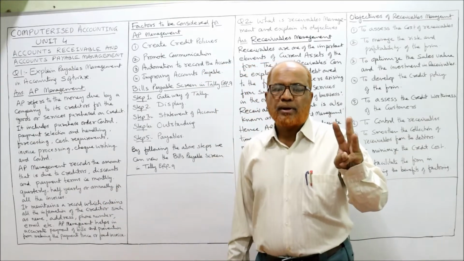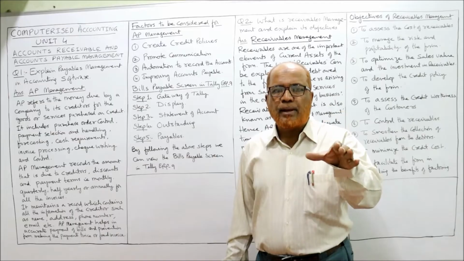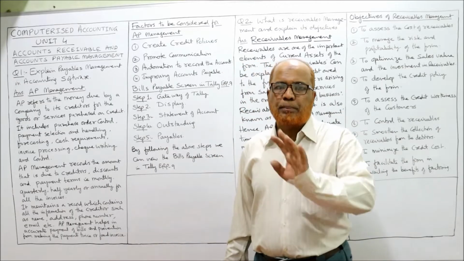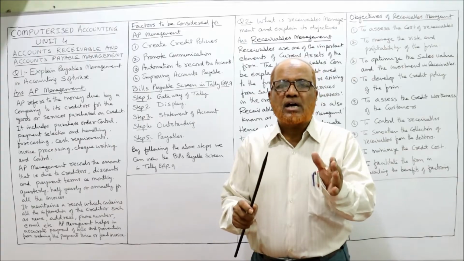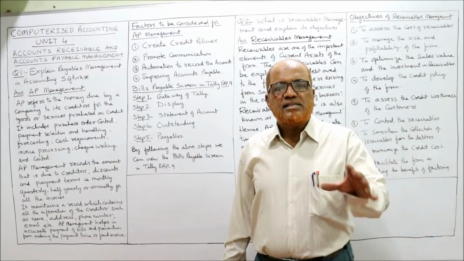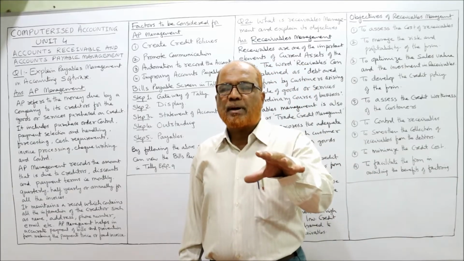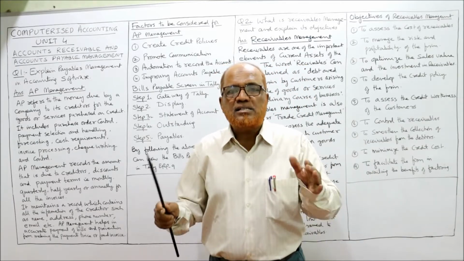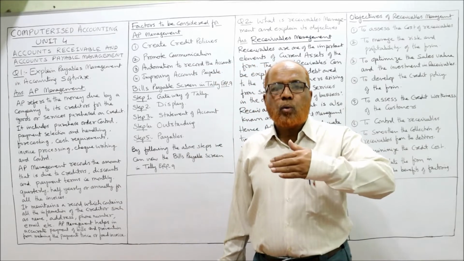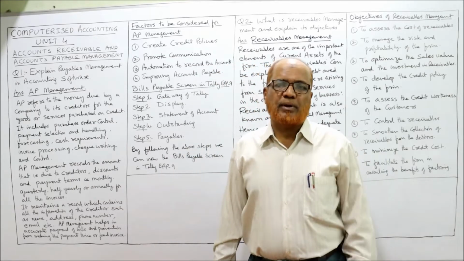So three things you remember. The accounts payable management covers first the amount to be paid. How much is the amount to be paid to the supplier or creditor? Secondly, the accounts payable management must see any discount is being given by the supplier. Thirdly, what is the schedule of payment we have to make?